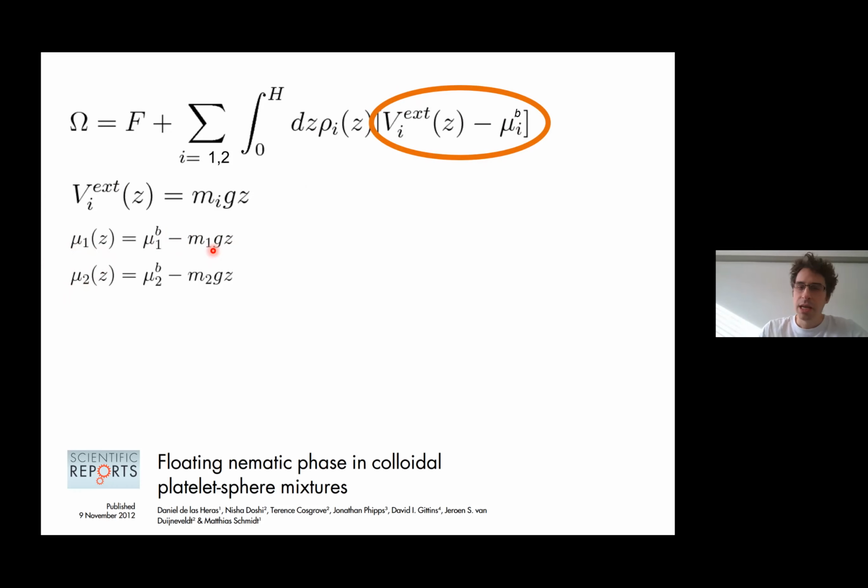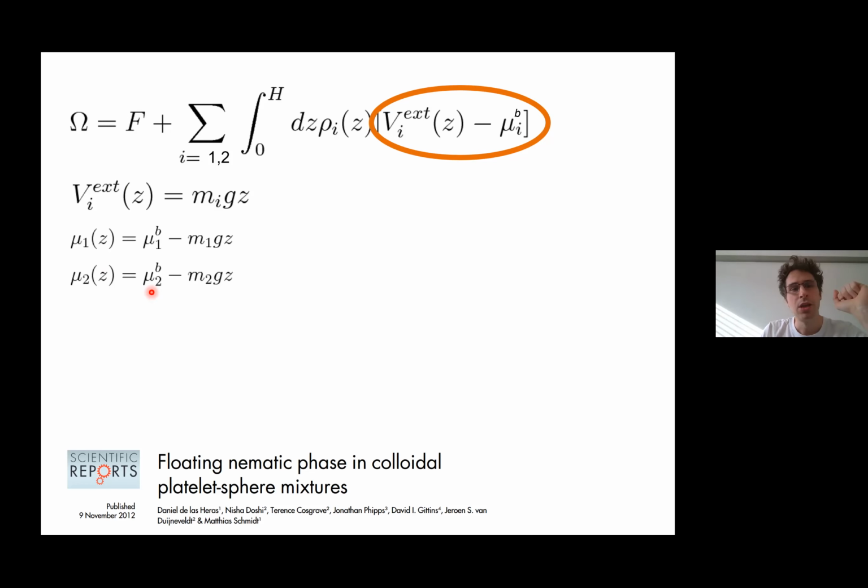We say that at each position z, we can describe our inhomogeneous sample by an equilibrium homogeneous system with a chemical potential that is given by this local chemical potential. Yeah? This is the approximation that we do. It's a local density approximation that in a colloidal system is very, very good in general.